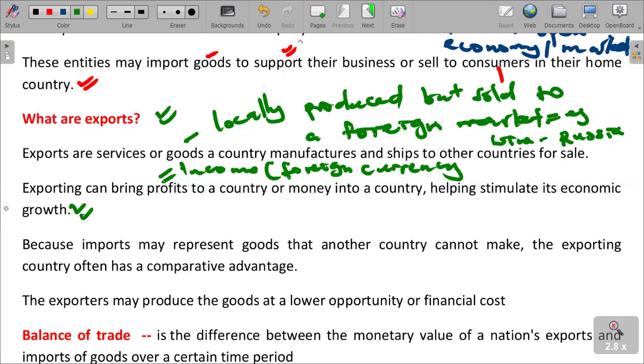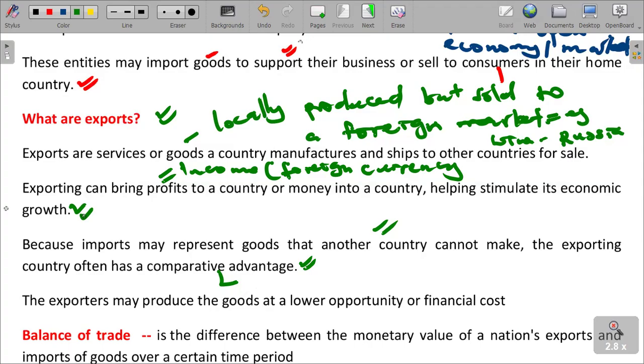So what we need to understand is that imports may represent goods that another country cannot make, and the exporting country often has a comparative advantage. The comparative advantage is that they are able to produce them at a better cost, which can enable them to make a good economic profit.